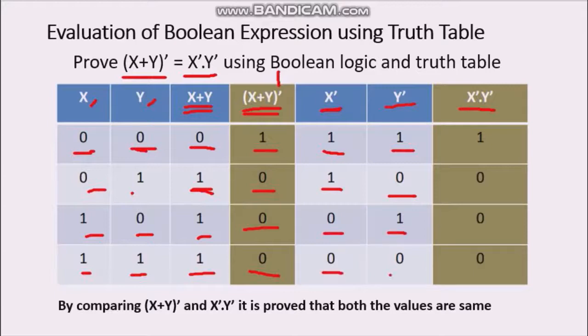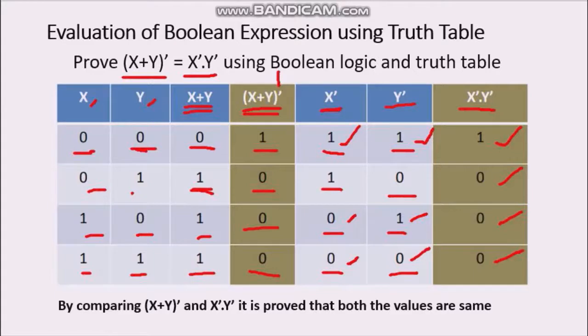Now we'll see what is x bar dot y bar. You have to just multiply the values of x bar with y bar. So 1 into 1 will return 1, 1 into 0 will return 0, then 0 into 1 will again return 0, then 0 into 0 will give you 0.